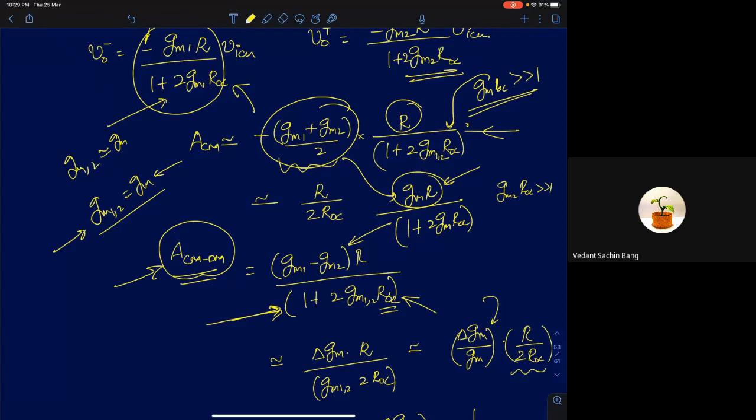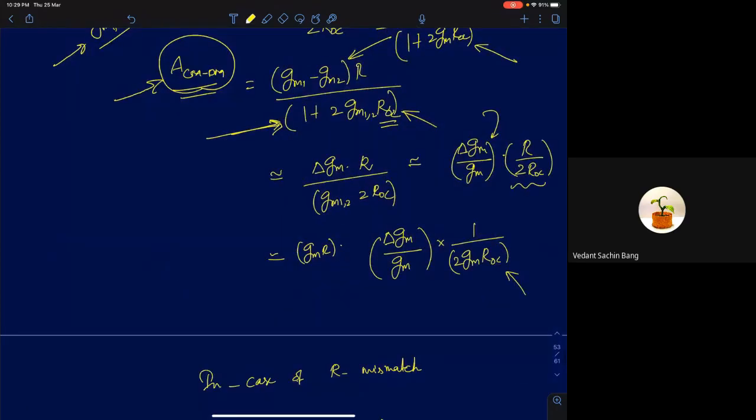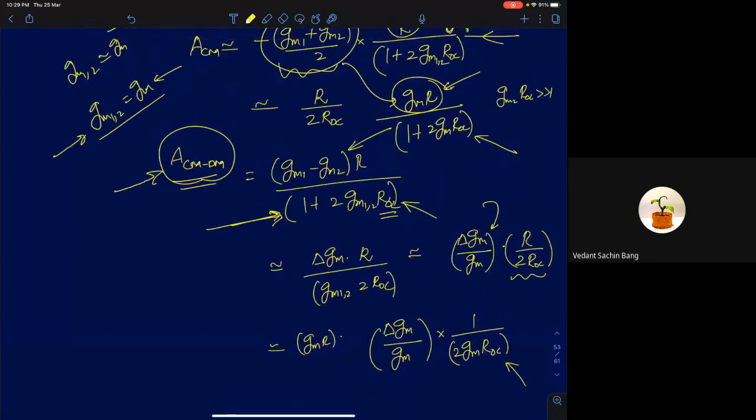But now it is getting reduced by a factor of 1 plus 2 GM ROC. It's getting reduced by a huge factor. So that's the advantage of current source biasing. Same way, you can show that ACM-DM also reduces by a huge factor.